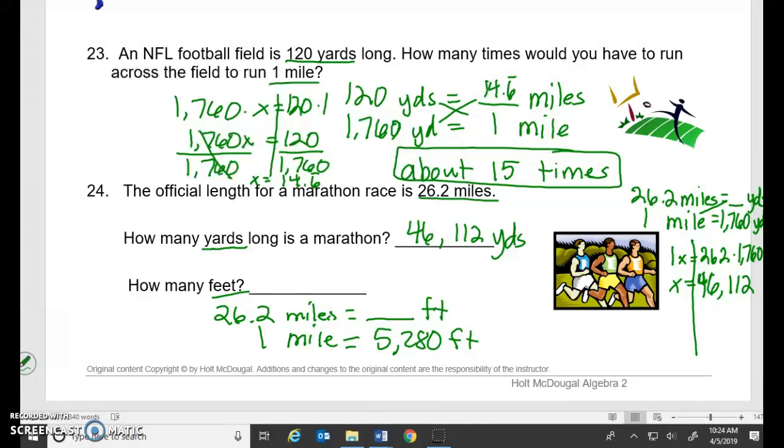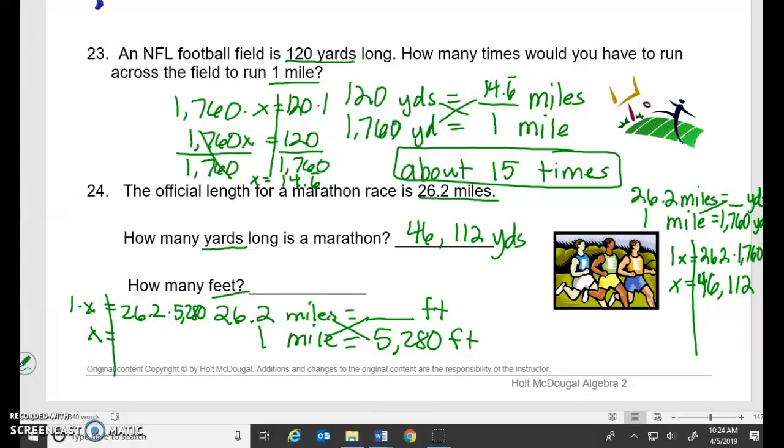Now I'm ready to do my cross multiplication. 1 times x equals 26.2 times 5,280. Draw my line.